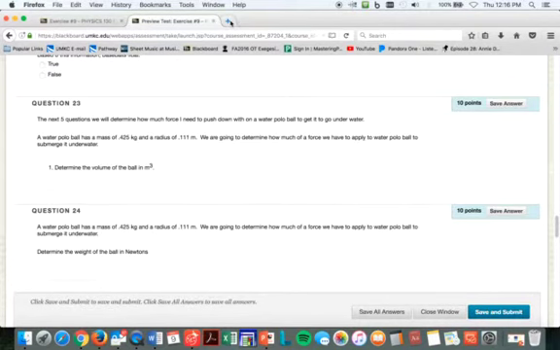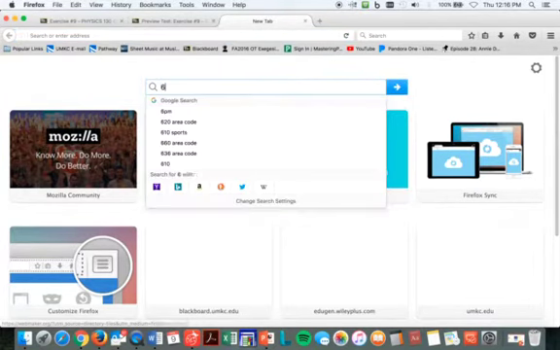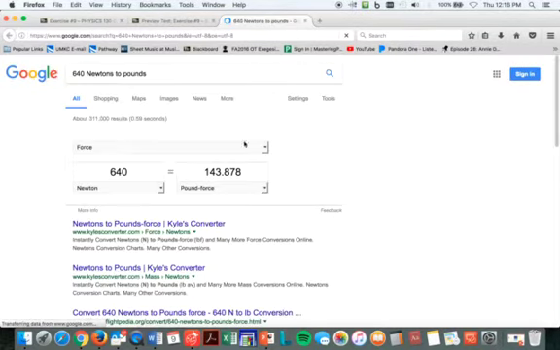I'm going to convert 640 newtons to pounds. There it is, about 143 pounds, about the weight of a 143-pound person. Oh my goodness.